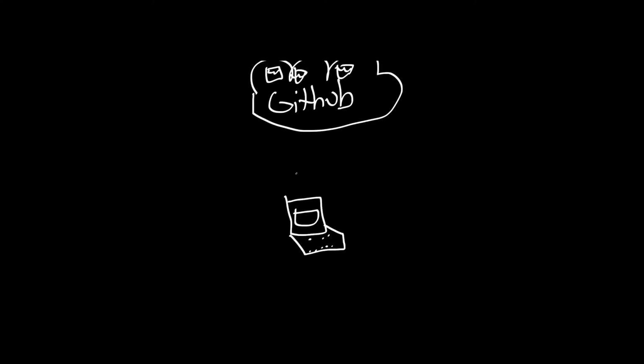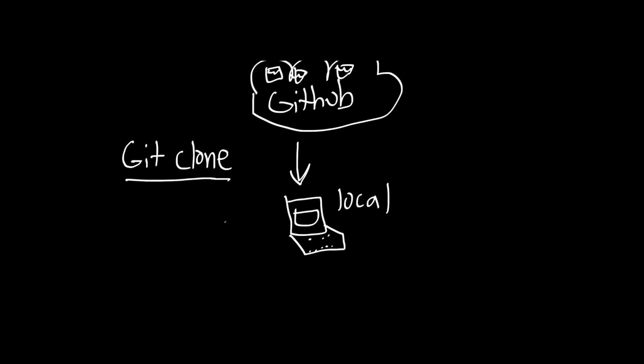What we're going to do is pull these files down from the cloud to our local machine, which is the computer that you're working on right now. To do that, we're going to use a command called git clone. Clone is kind of like copy.